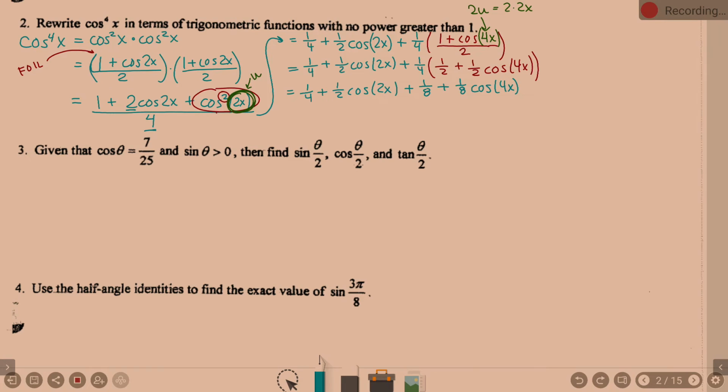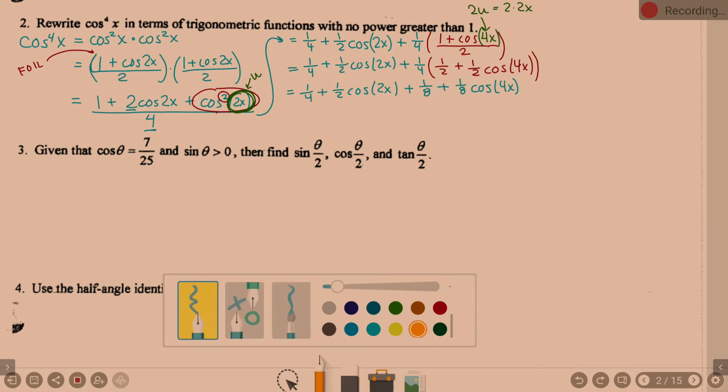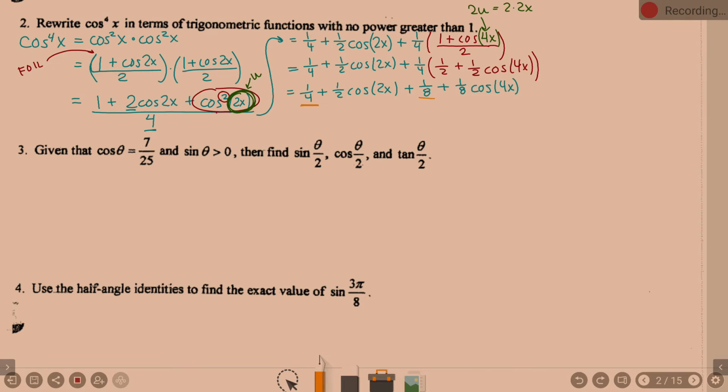Now what I started to ask last time. Clean up. Can't we clean up? Make everything terms. Oh, add 1/8 and 1/4. Okay. So if you look here, we have 1/4 and 1/8.